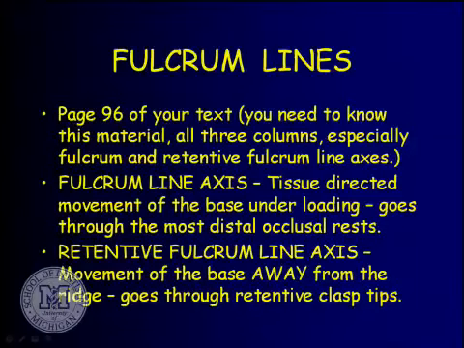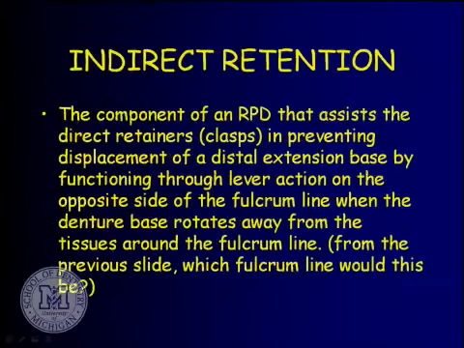And where is the retentive aspect of the clasps? It's at the terminal third, where they're the most retentive and go into the undercut. So a line passing through the terminal third of the clasp tips would be the fulcrum line on a force going away from the tissue. So you've got a couple of different fulcrum lines, not just the one going toward the tissue, but another for forces trying to take the partial away from the tissue. This is gone over extremely thoroughly in the chart on page 96.